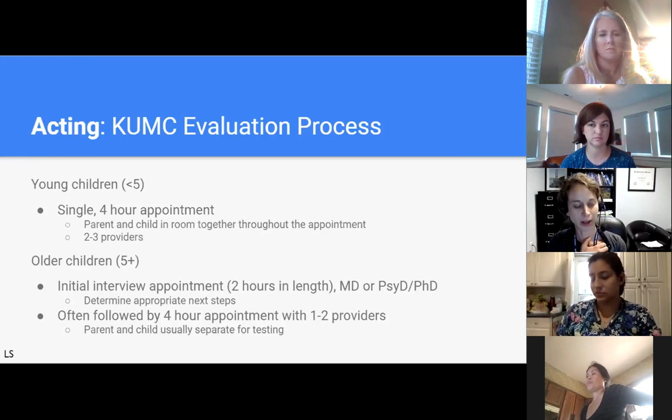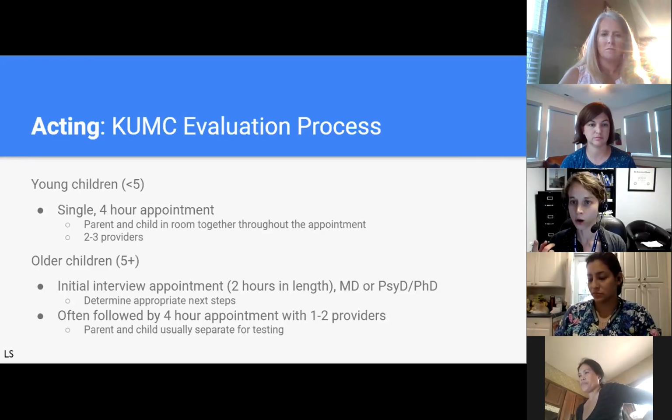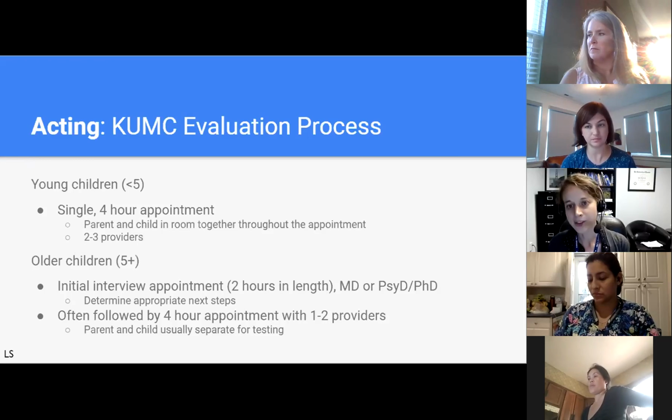For older kids, we have a 2-appointment process. The initial appointment is 2 hours in length, with just one provider, either an MD or a psychologist. We'll do an intake interview to get a detailed developmental history and also a detailed behavioral history. As kids are older, there's a lot more history to go through, so we have to spend some time doing that on the front end. The nice thing about that is it also gives us an opportunity to provide some initial recommendations and next steps.